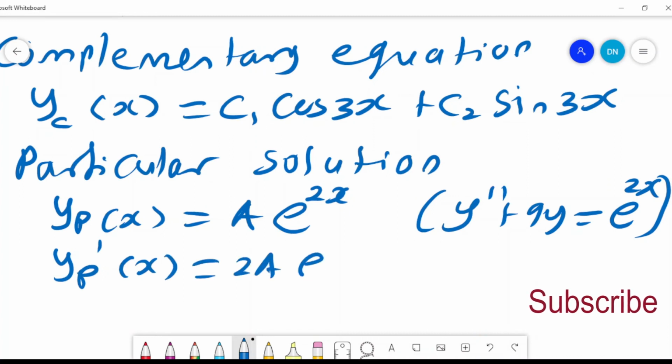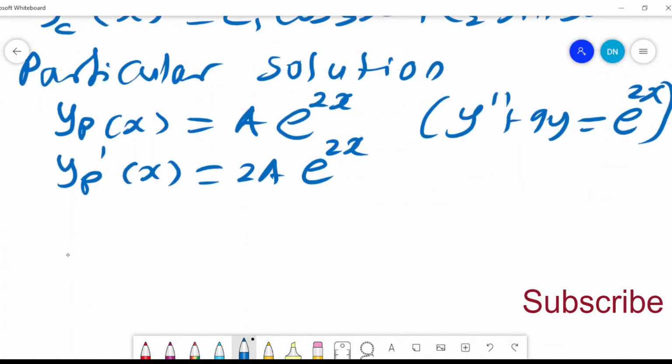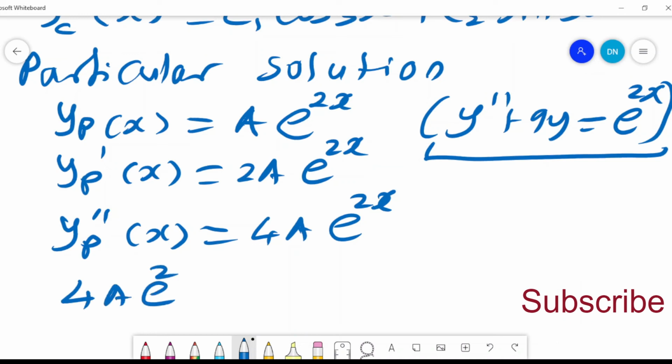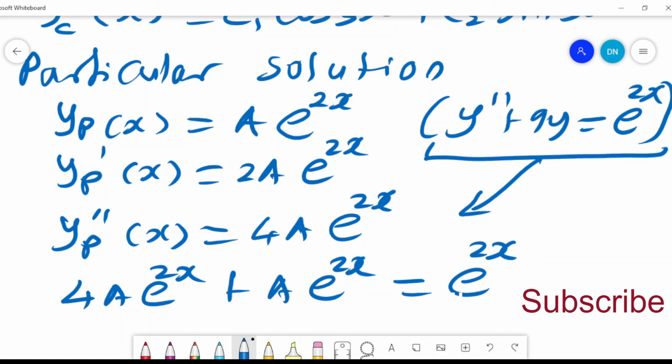The first derivative is 2a e raised to power 2x, and then the second derivative of y will give me 4a e raised to power 2x. Now, going back to my original equation, I can comfortably say 4a e raised to power 2x plus 9a e raised to power 2x is equal to e raised to power 2x. I'm using this equation, but now I'm substituting with a particular solution.